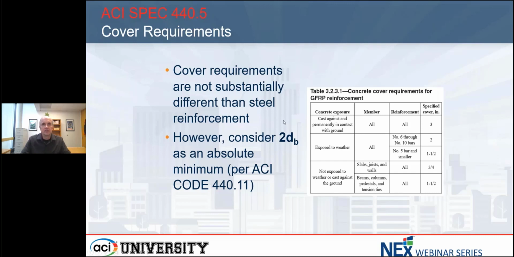That requirement is in there specifically to address the concern of the coefficient of thermal expansion in the transverse direction of the bar. Because the bars do expand at a higher rate, there needs to be enough cover surrounding the bar to help restrain that expansion without cracking the concrete. And 2 bar diameters is the minimum that we look for to make sure that that restraint is provided.